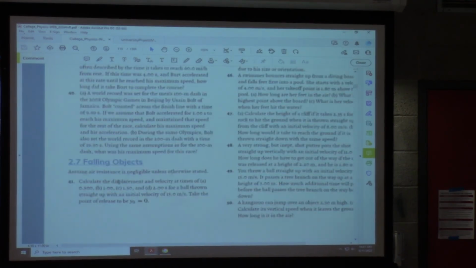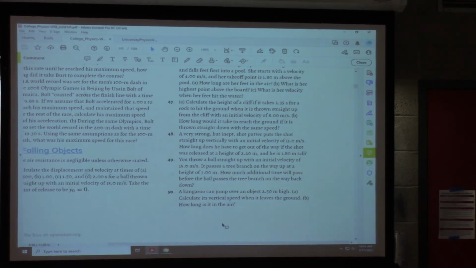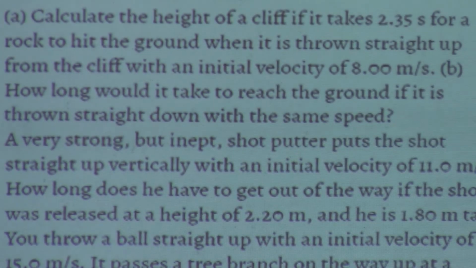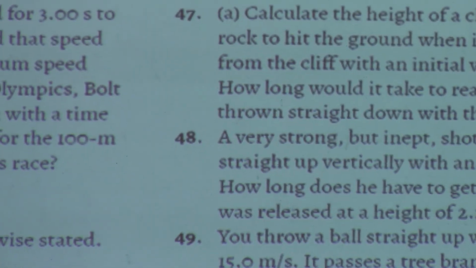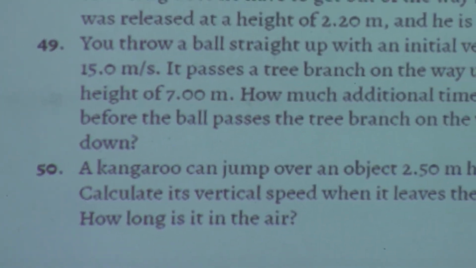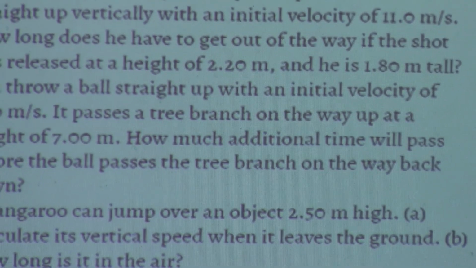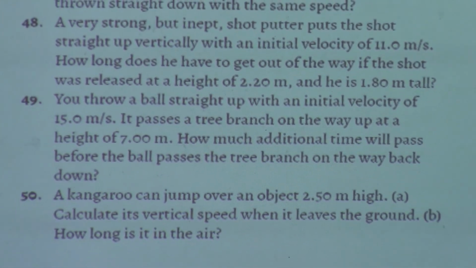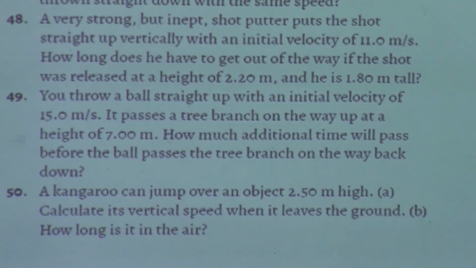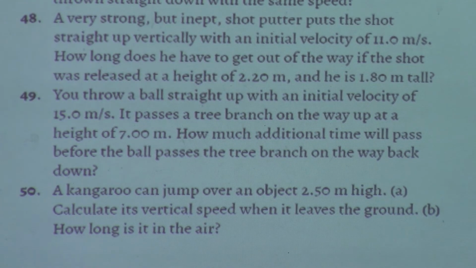And I can pretty much answer that by saying, yeah, it wouldn't be in this book if it wasn't. But 49 says, you throw a ball straight up with an initial velocity of 15. Ooh, this one gets a little harder. It passes a tree branch on the way up at a height of 7 meters. How much additional time will pass before the ball passes the tree branch again on its way down?